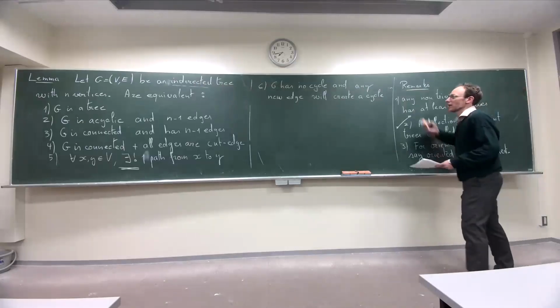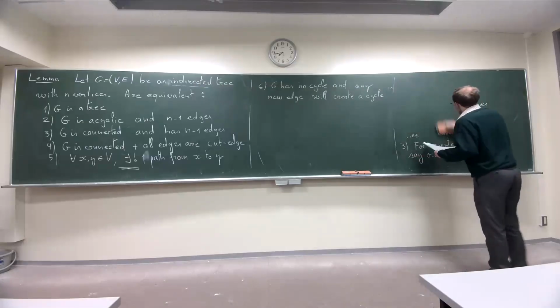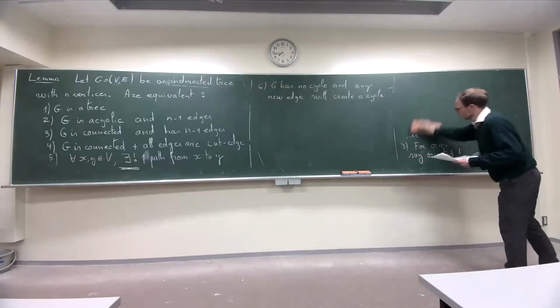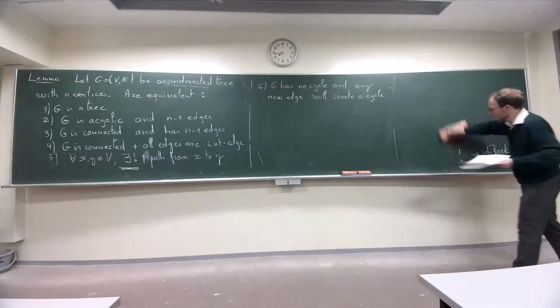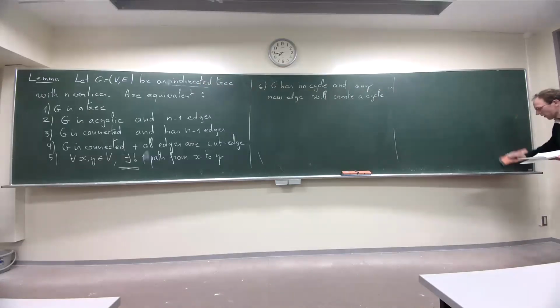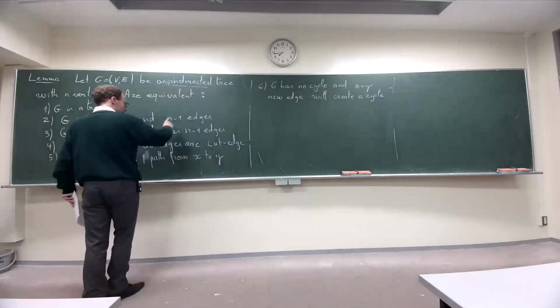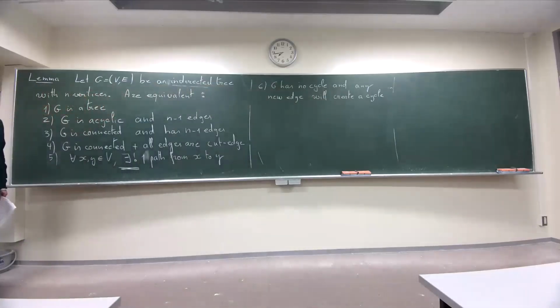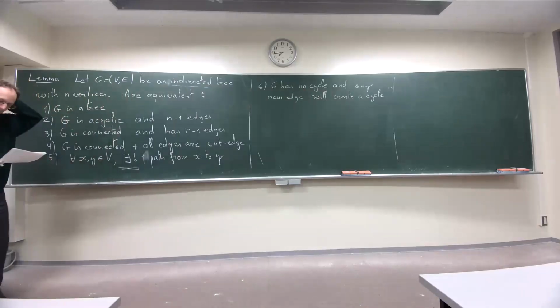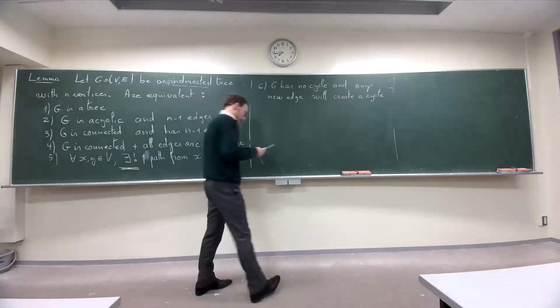Now let me just say something about unoriented trees. This statement is written here only for unoriented trees. In the notes, you will see that it's essentially the same for arbitrary trees. So if there is an orientation, you can also find 6 descriptions like this.